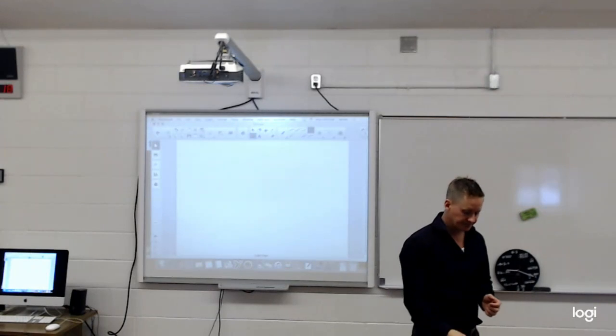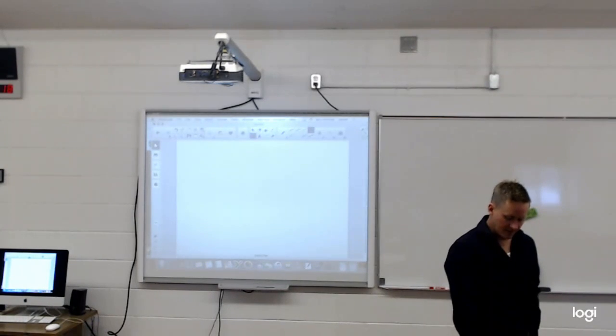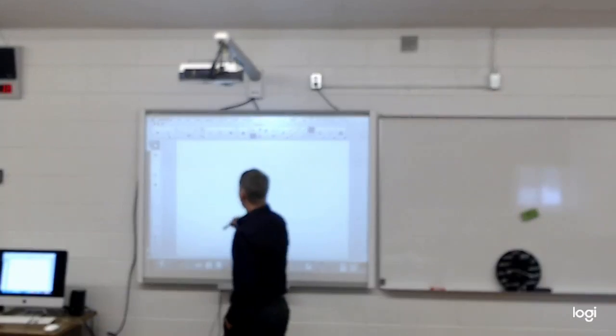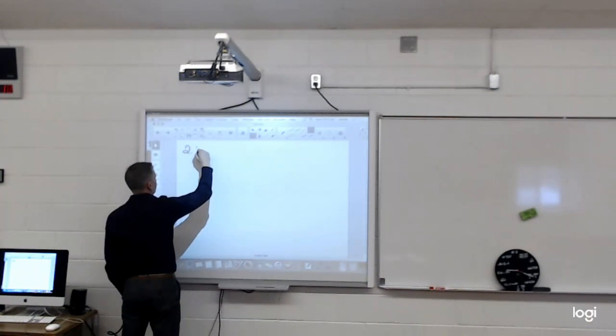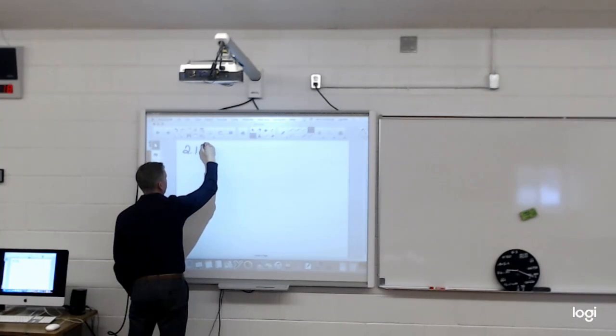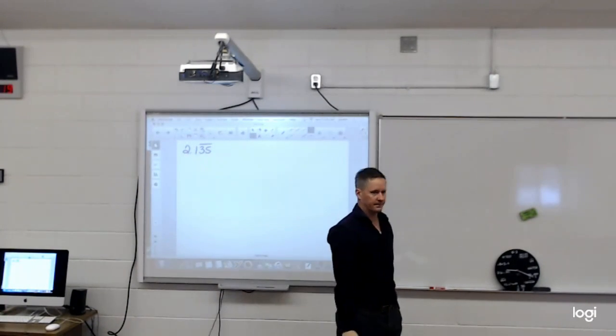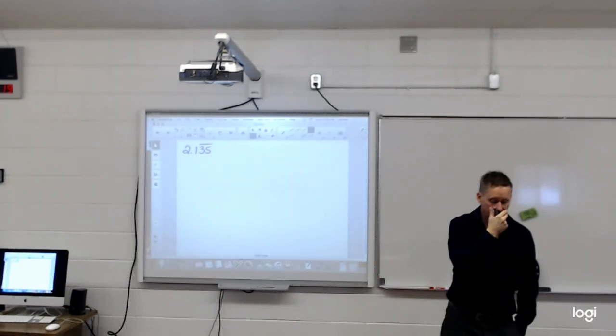It says, apply the sum of an infinite geometric series to express the repeating decimal 2.135 repeat as a fraction. So we want to change that into a fraction.